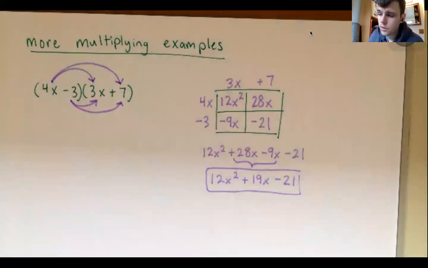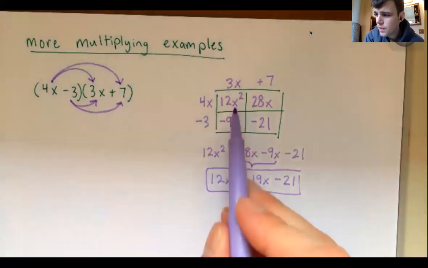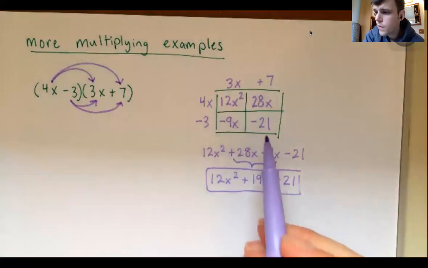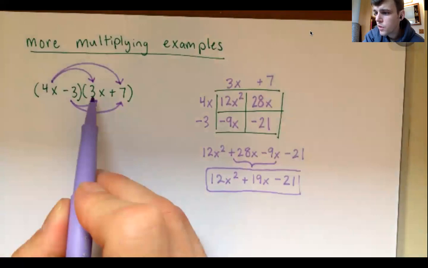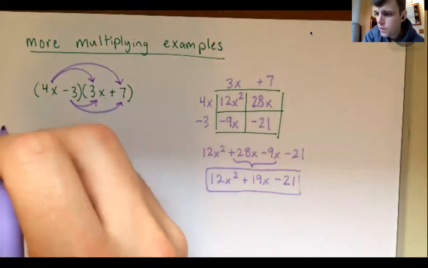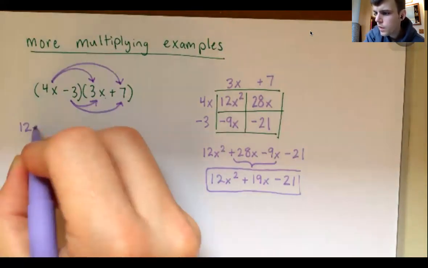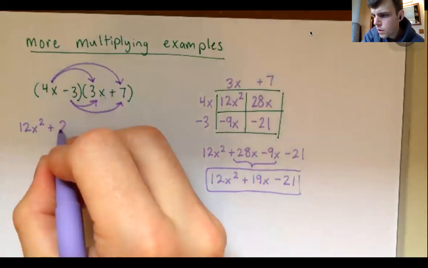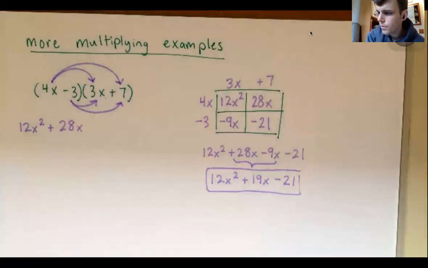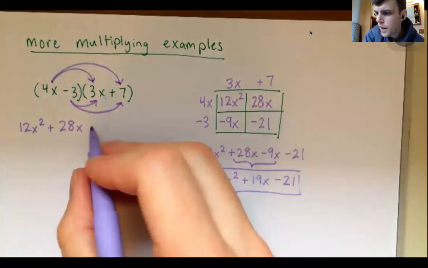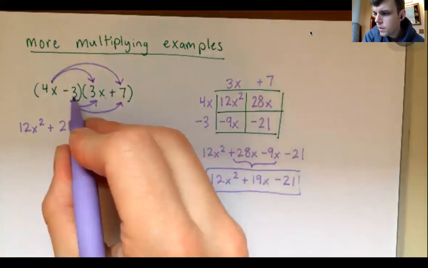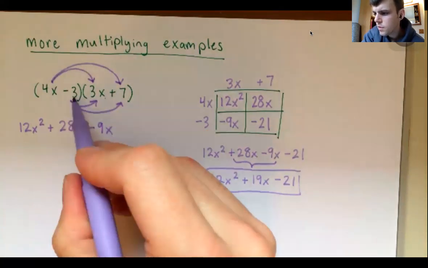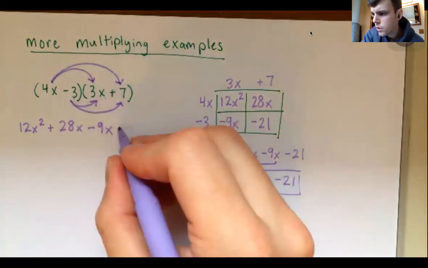The arrows show us what needs to get multiplied, just like we did in the box. So we do 4x times 3x, that's 12x squared. 4x times 7, 28x, right? Negative 3 times 3x is minus 9x. Negative 3 times 7 is minus 21.